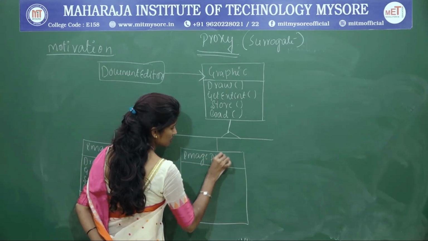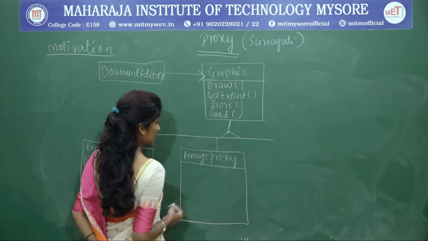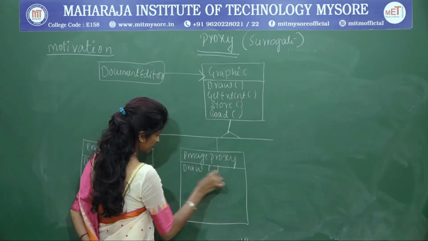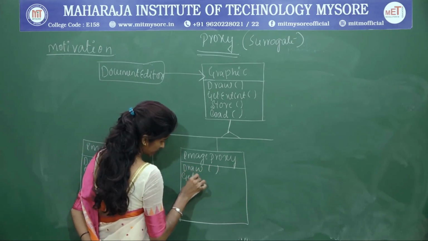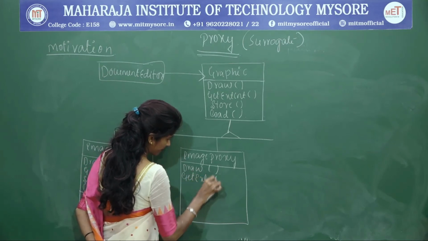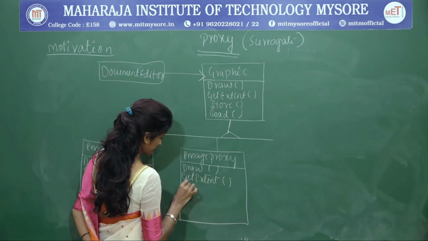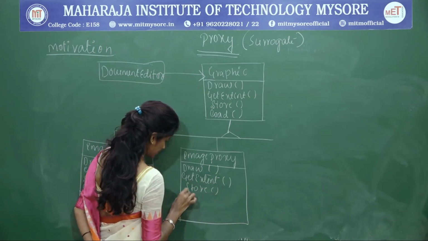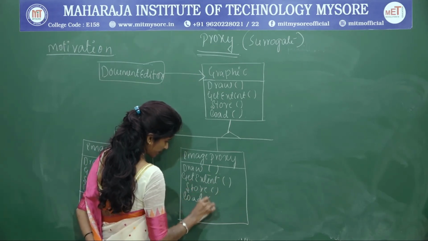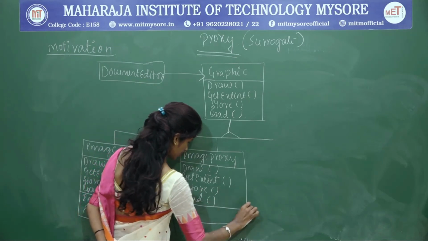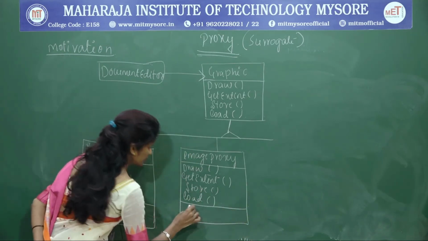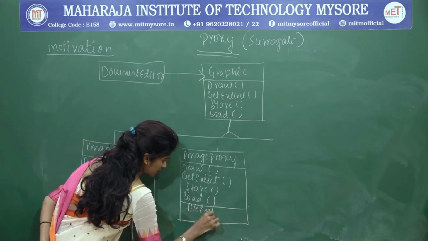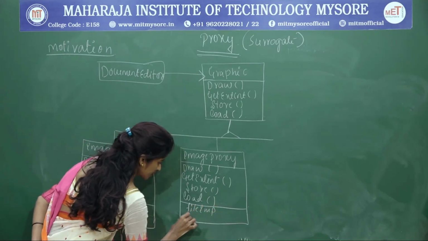The image proxy will take the same operations, that is the draw operation, get extent, then store and load operations, and a few operations relevant to this one, the file implementation and the extent.